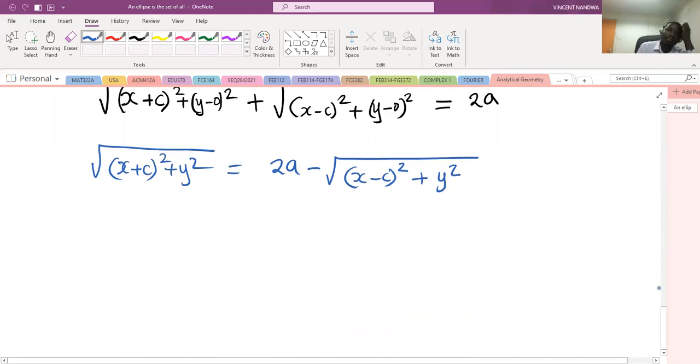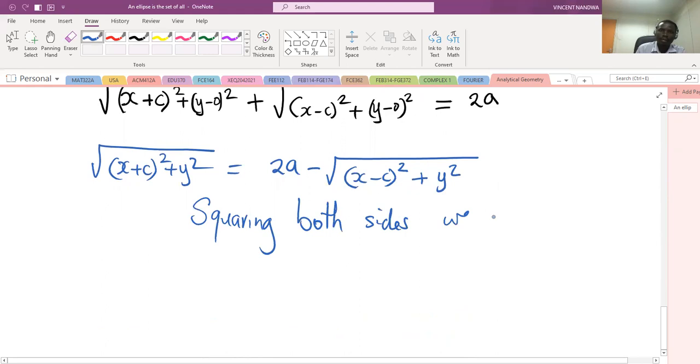And then if we square both sides, we remove one of the square root signs in this equation. Remember, if I square the square root of a number a, it is simply given by a.